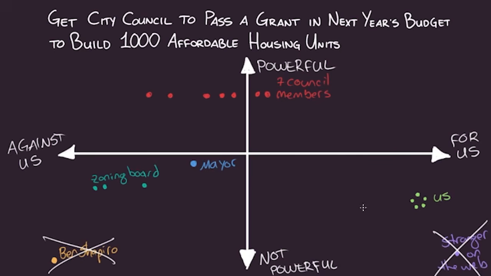So what we now need to focus on is what's easier, getting people to the right or getting people up. And left-right here doesn't mean anything. It doesn't mean left-right politically. It just means agreeing with us or not agreeing with us. Well, if it's an election year and we think we have a chance of winning, then maybe this route is the easier option.